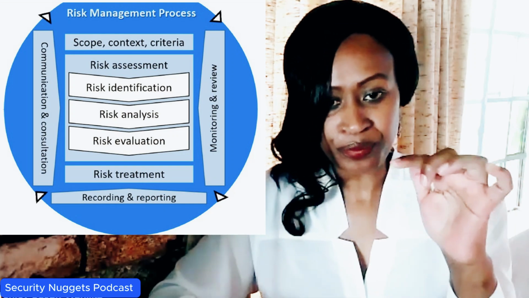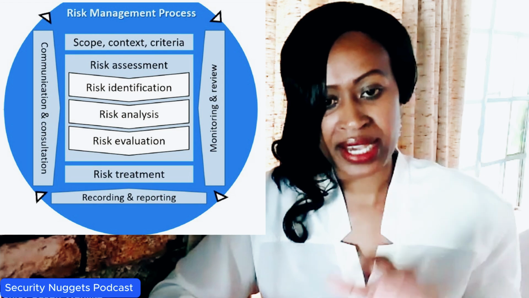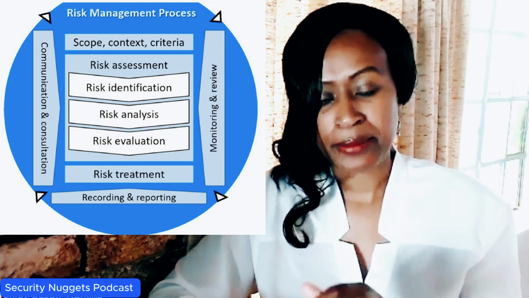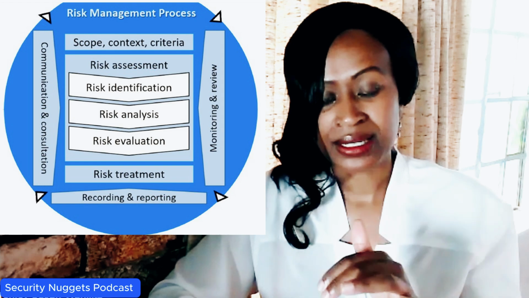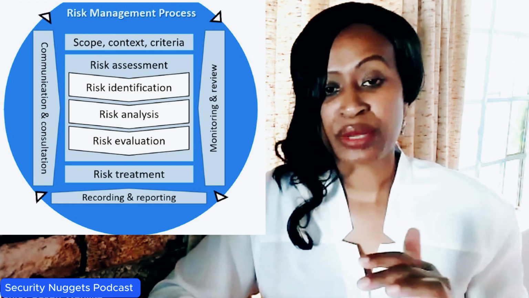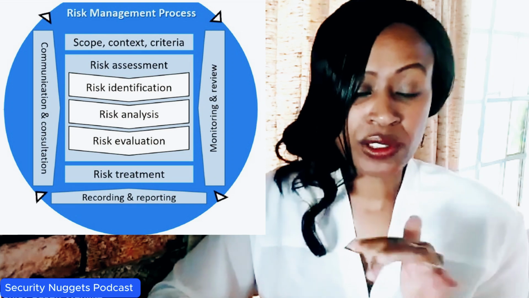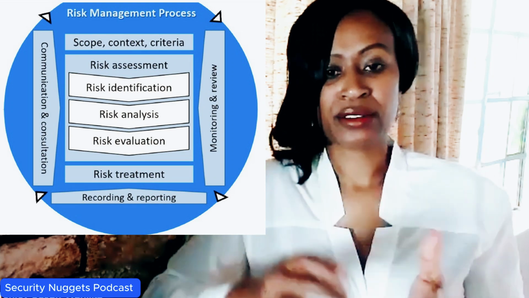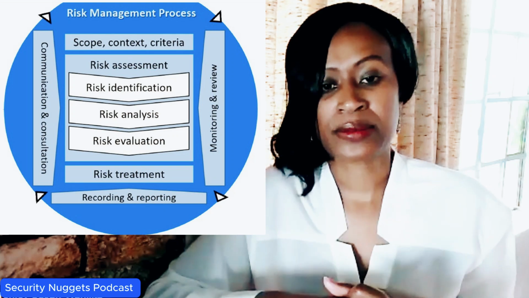And then the information you get during the threat assessment now becomes the input. It's the output of the threat assessment process, and it becomes the input of the vulnerability assessment process. What are we doing in the vulnerability assessment?